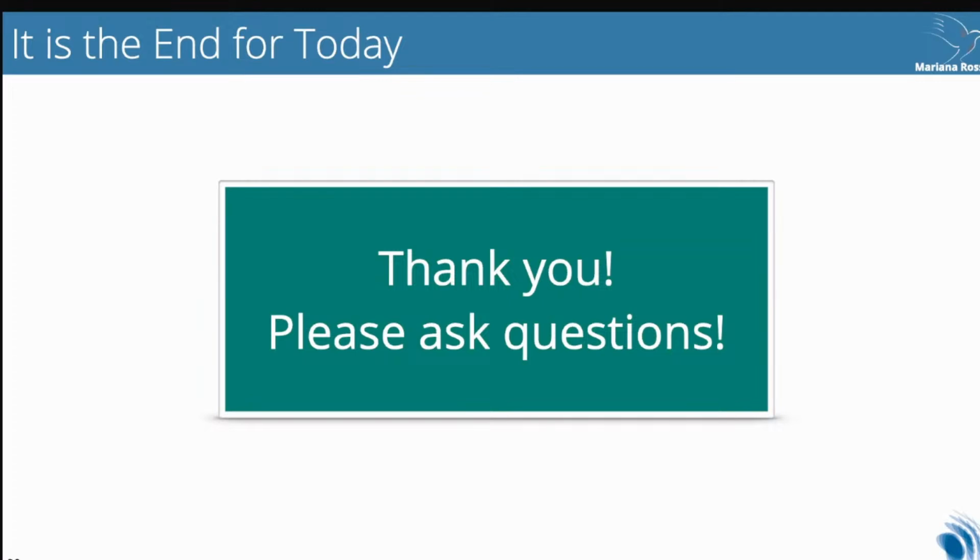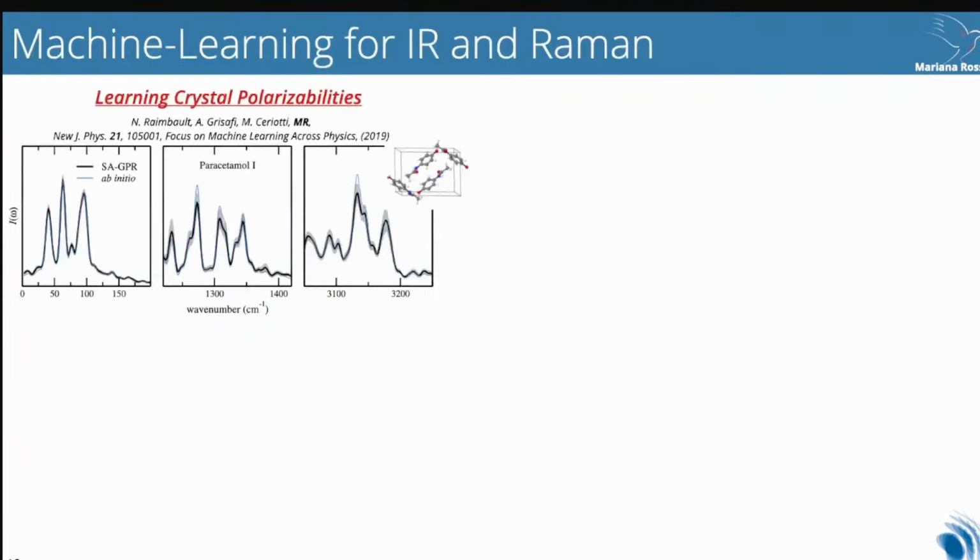Okay, thank you. Hopefully that answered the question. Another question from David is, can you comment on how you learn the polarizabilities? Yes. So in this paper here, what we used was a symmetry-adapted Gaussian process regression model, in which we took into account the symmetry of the polarizability tensor in the learning problem.